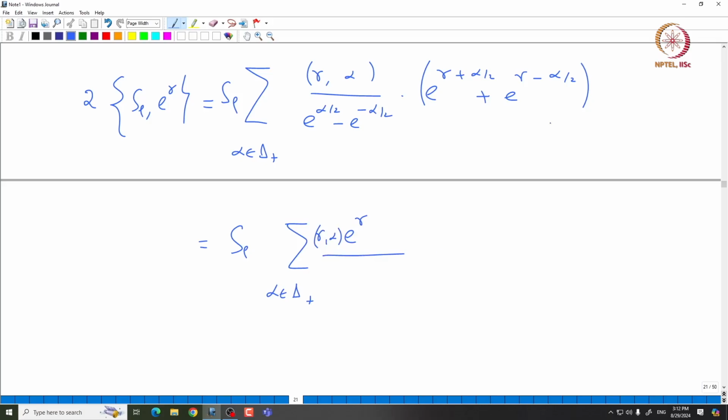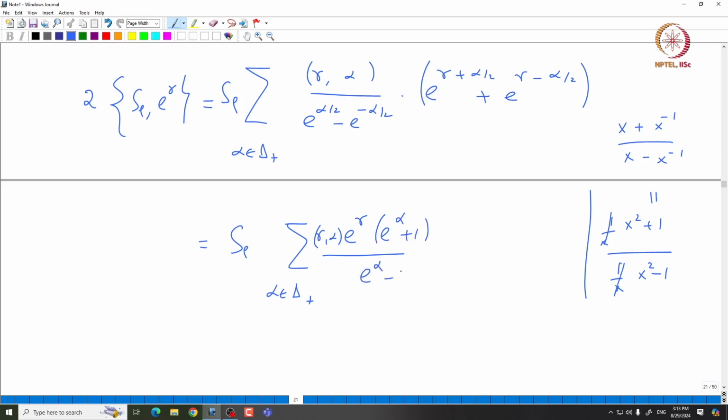Now it is like x plus x inverse divided by x minus x inverse. So, you can take out x there: x square plus 1 by x divided by 1 by x square minus 1. So, this thing gets cancelled, and that is e power alpha plus 1 divided by e power alpha minus 1.